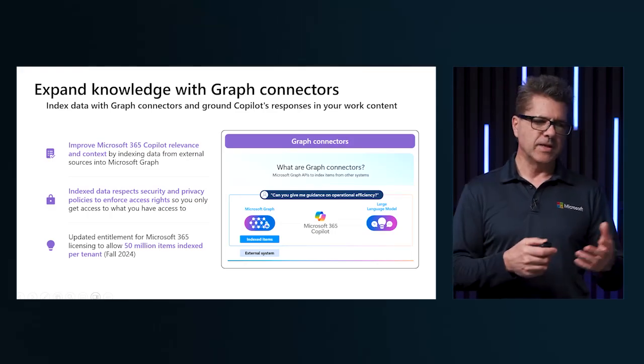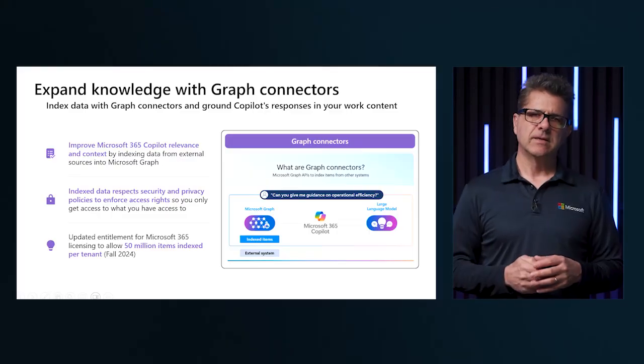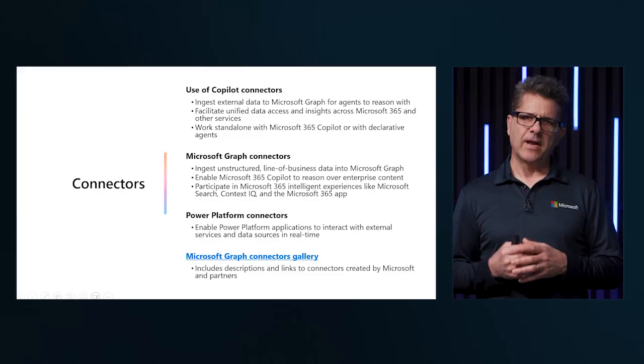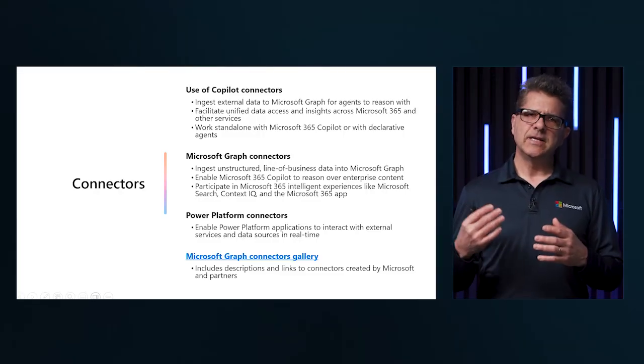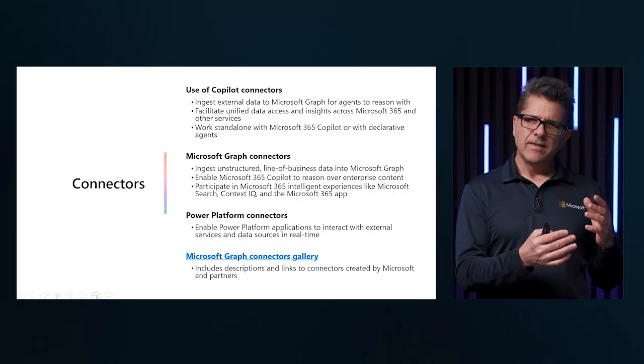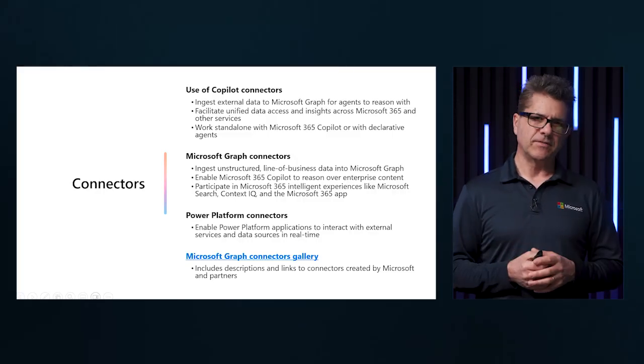An example of that, we mentioned indexing specific data that the Graph now has a connection to. Microsoft Graph and the Power Platform connectors enable data ingestion from various sources, facilitating unified data access and insights across Microsoft 365.